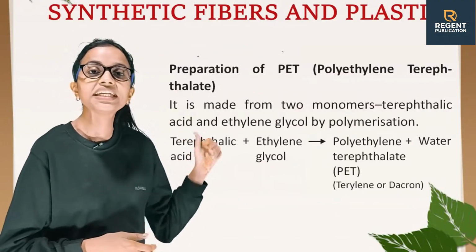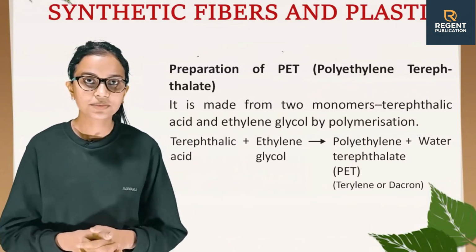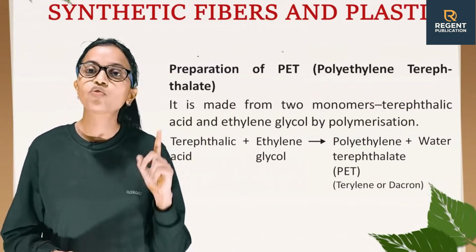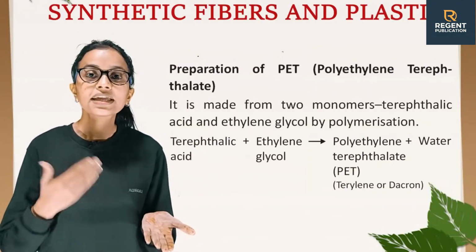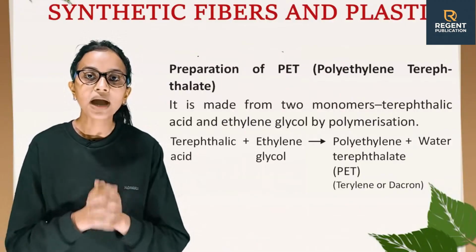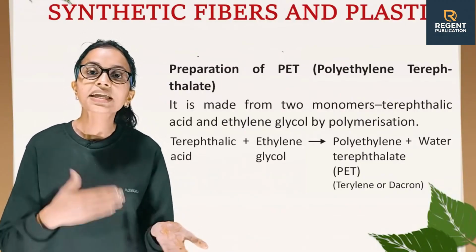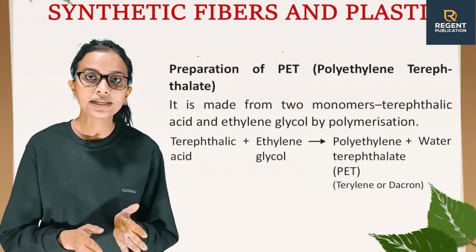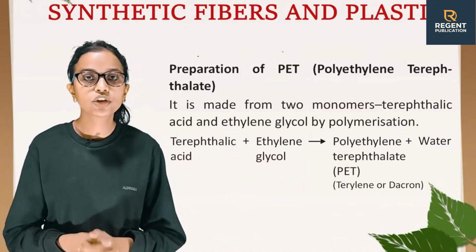Preparation of PET, polyethylene terephthalate. It is made from two monomers. The first one is terephthalic acid and the second one is ethylene glycol, by polymerization. Terephthalic acid plus ethylene glycol gives polyethylene terephthalate, that is PET, terylene or dacron, plus water.